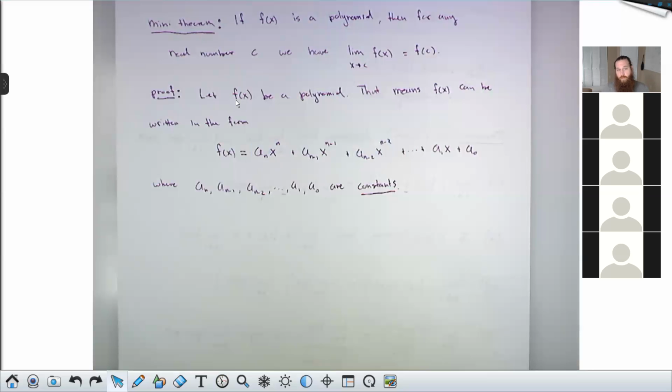What I want to show is that the limit of f of x as x approaches c is equal to f of c. That's my goal.